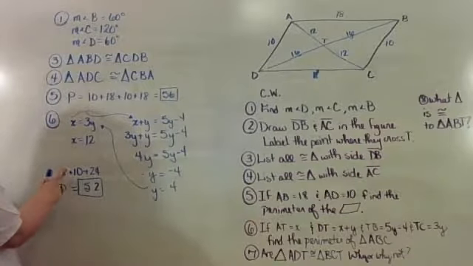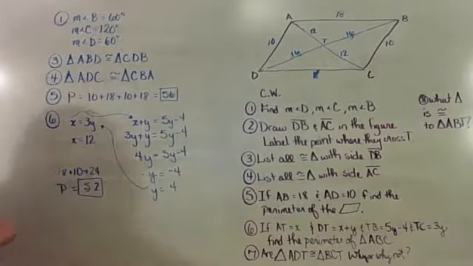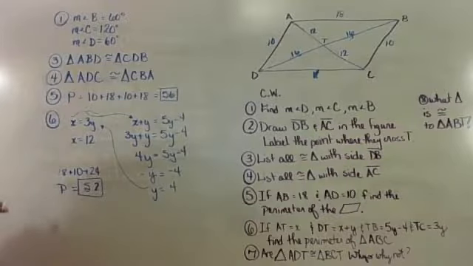I'm checking it. Give me a second. 3, 4, 5, 52. Yeah, I'll buy that. So my perimeter is 52.